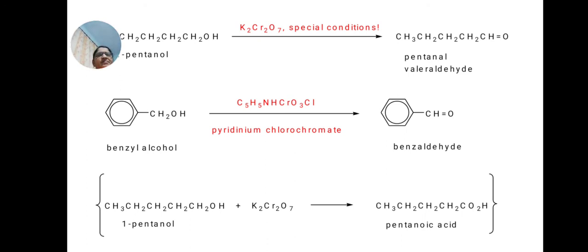Then second, benzyl alcohol, that is C6H5CH2OH, in presence of pyridinium chlorochromate, it gives benzaldehyde. That means the CHO group is attached to the benzene nucleus, it is called benzaldehyde. Then 1-pentanol with potassium dichromate, by further oxidation it gives pentanoic acid.